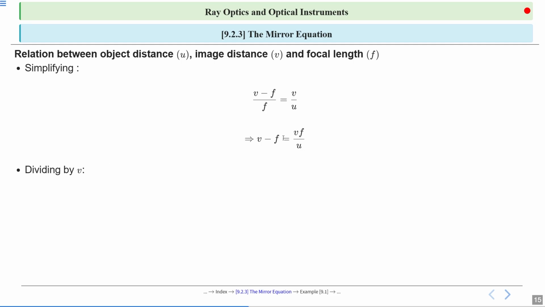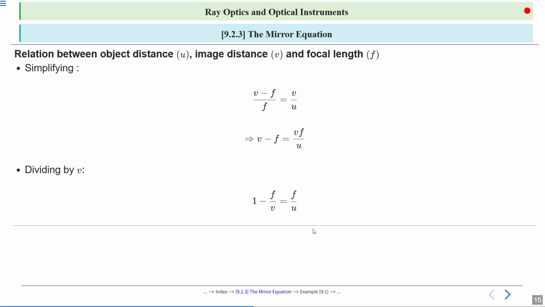Now divide this equation by v. It will become v upon v, f upon v, and vf upon uv. So v upon v will become 1 minus f upon v, equal to, this v and v in the denominator will get cancelled out, f upon u. So after dividing by v, it will become 1 minus f upon v equal to f upon u.